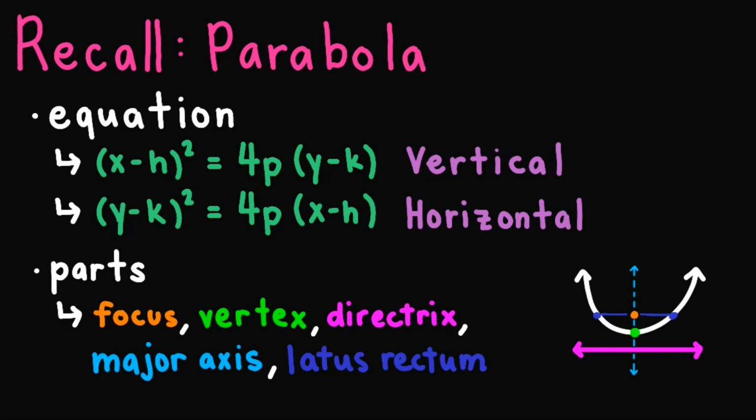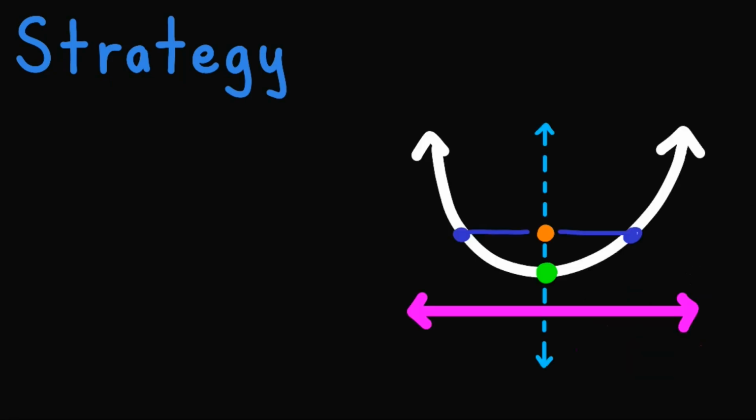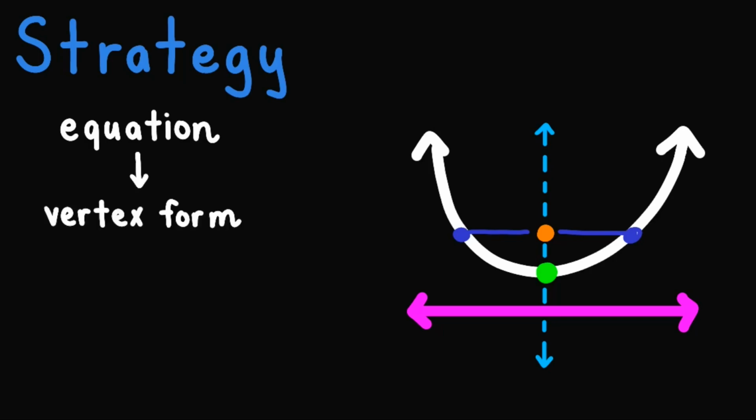So, our strategy would be, but first let's enlarge this one. The strategy that we would have in this one is, first given an equation, we try to convert it into its vertex form if it is not already in it.